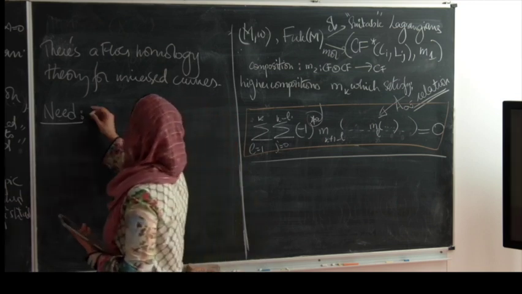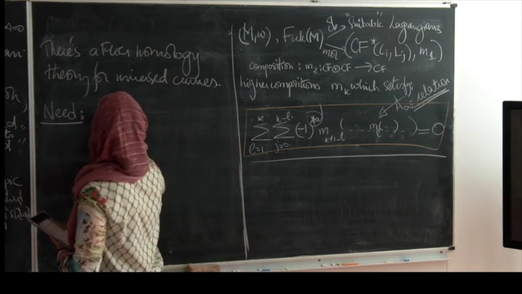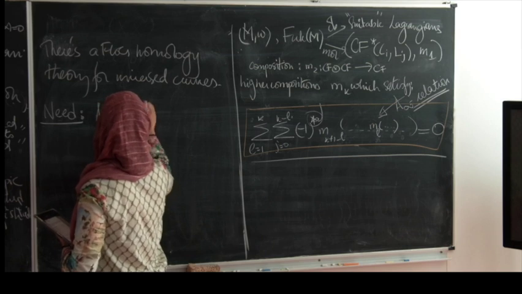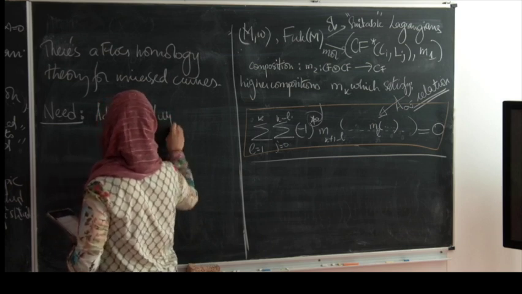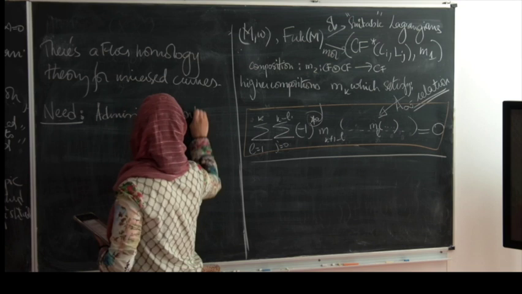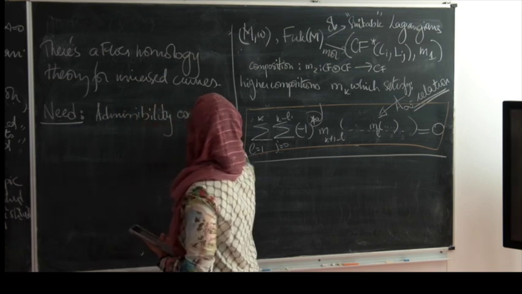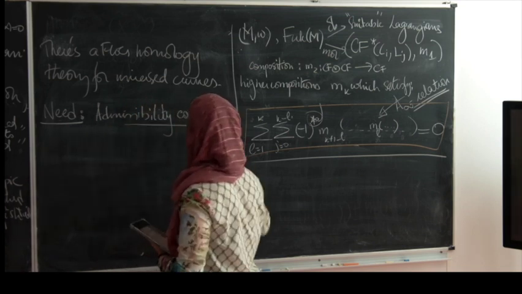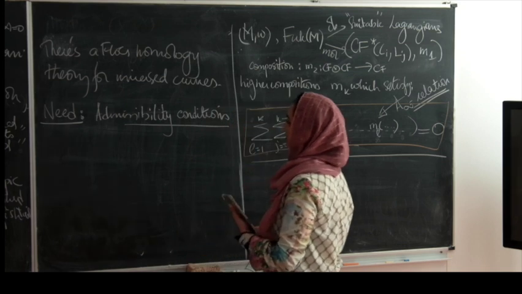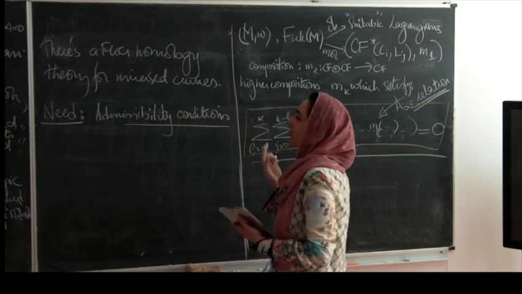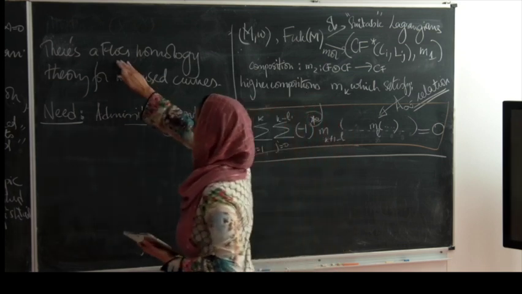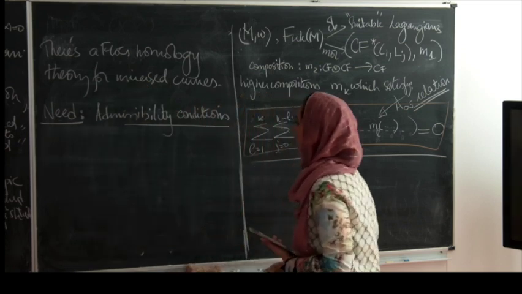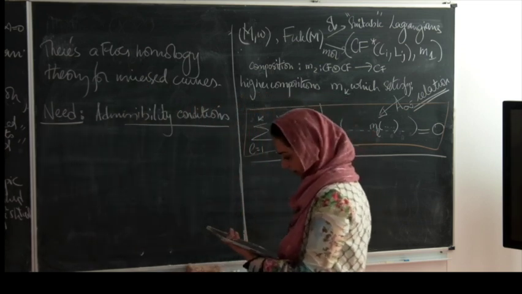So we need what is called the admissibility condition. This is inspired from the admissibility or weak admissibility in Heegaard Floer theory, a close cousin of Floer theory, but in a different context.